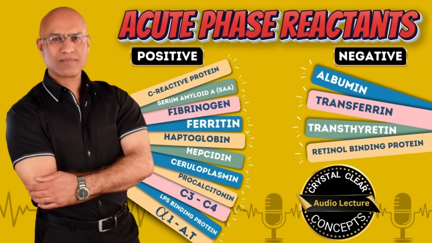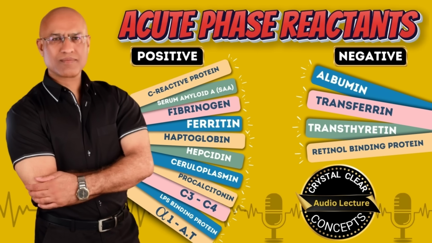And I will not go into detail, but certain vitamin levels also fluctuate. Most of these fluctuations in plasma or serum vitamin level are actually due to changes in vitamin binding proteins, right? We will not go into detail.